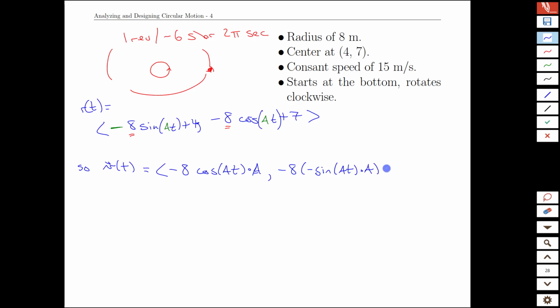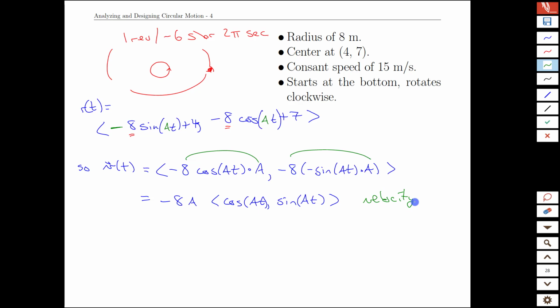Derivative of plus 7 is 0. It's the derivative of a constant. Clean that up a little. And what we see is when we can factor out these 8's and a's, we can actually factor out a common minus 8 if we like. Minus 8a times cos of at, sine of at. That is our velocity.